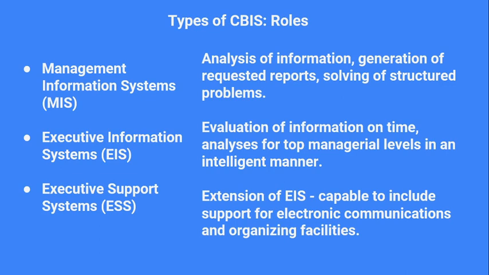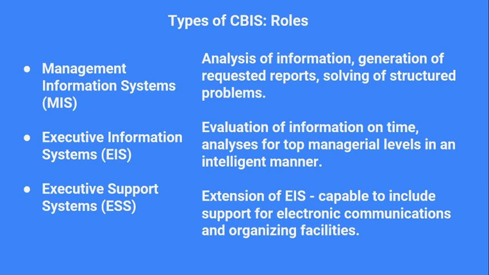So next, Executive Information System, EIS. This plays an important role in evaluating information on time and analyzing the information for the top management level in an intelligent manner. Means the way an executive-level personnel of an organization will work, this particular system will work like that only, right?